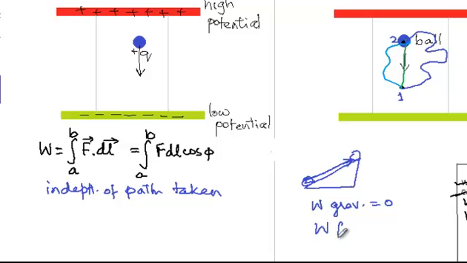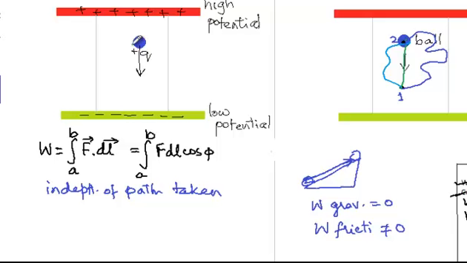But the work done by the frictional force is not equal to 0 because energy is spent both while bringing this up and while bringing it down. Now, since work done due to friction over the closed path is not 0, friction is a non-conservative force.